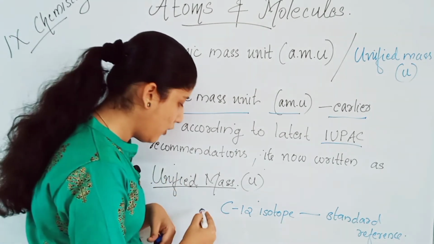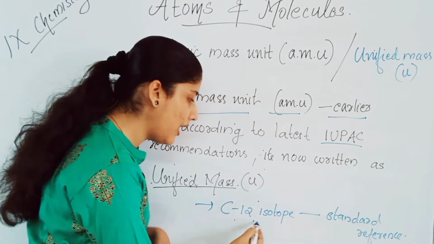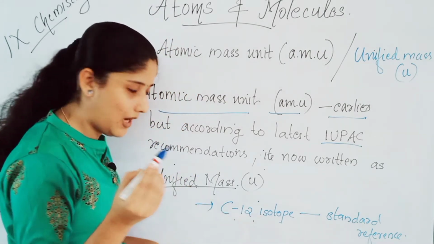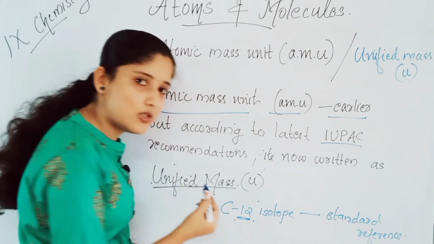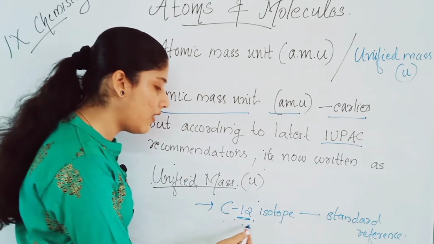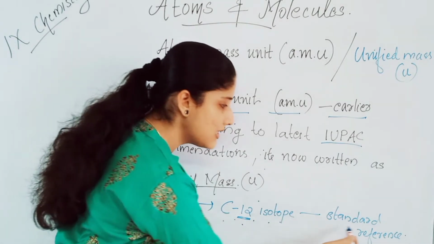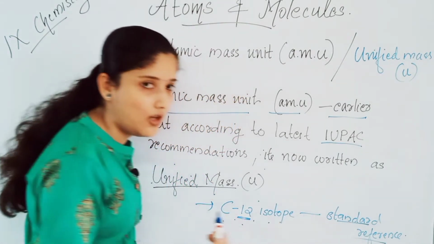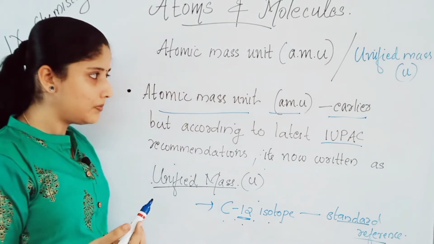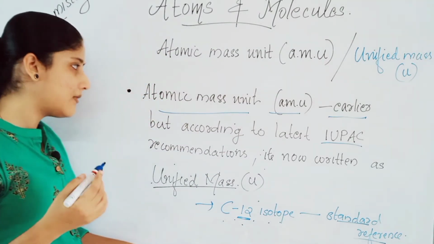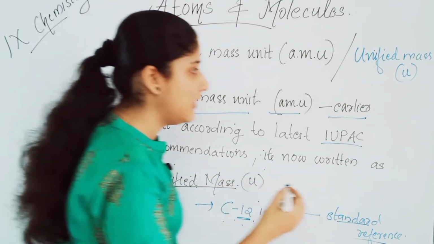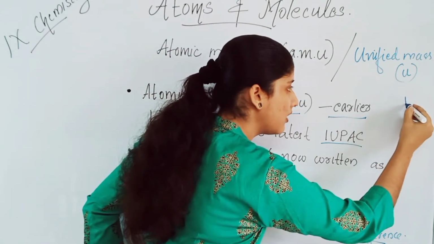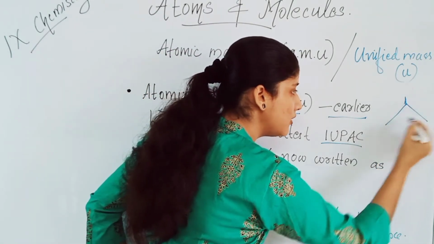According to them, the carbon-12 isotope, carbon being an atom having 12 as its atomic mass, is kept as a standard reference for finding the mass. Earlier you have seen the weighing machine, isn't it? In a weighing machine, there are two plates.